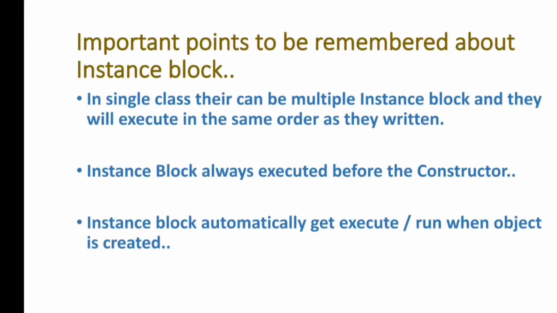And the second point, instance block always executes before the constructor. That means if we have written both constructor and instance block in our class, then first the instance block will execute and then the constructor will execute.